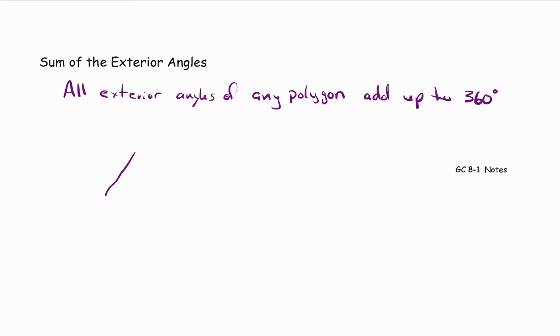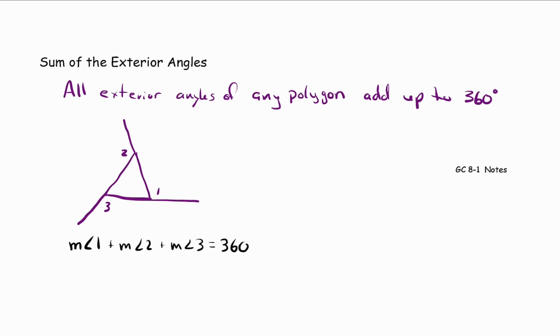If I take a triangle, and now I extend the sides so that I can have exterior angles. So I have angle 1, angle 2, and angle 3. Those are the exterior angles. If I take the measure of angle 1 and add it to the measure of angle 2 and the measure of angle 3, this is going to equal 360 degrees.